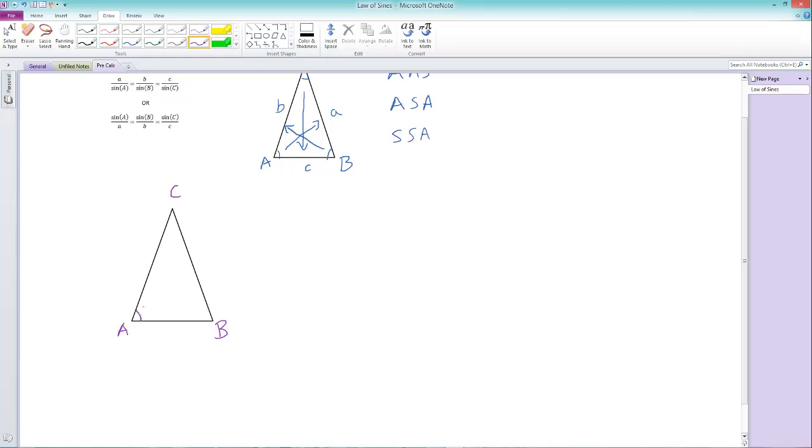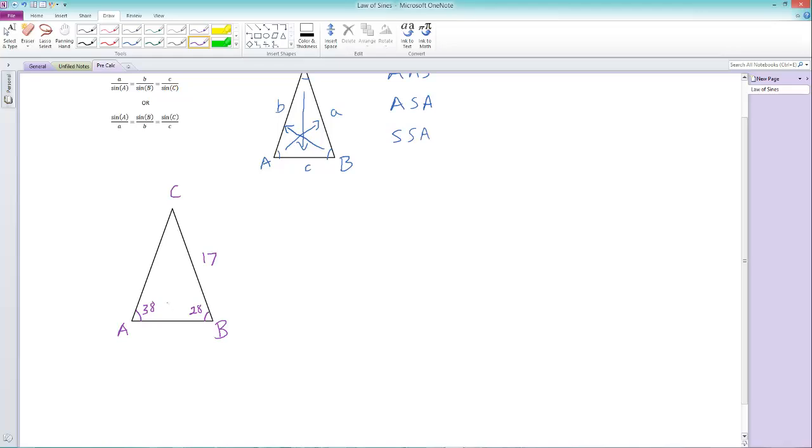We know that side a, which is across from angle A, is 17. And they want to know what side C is, so we'll call it x. So we want to know what little c is. That's the question of the day.